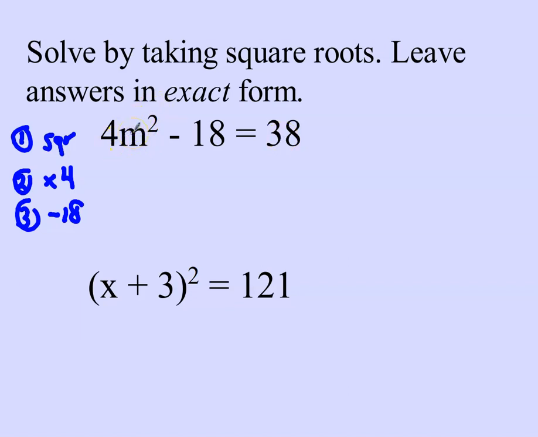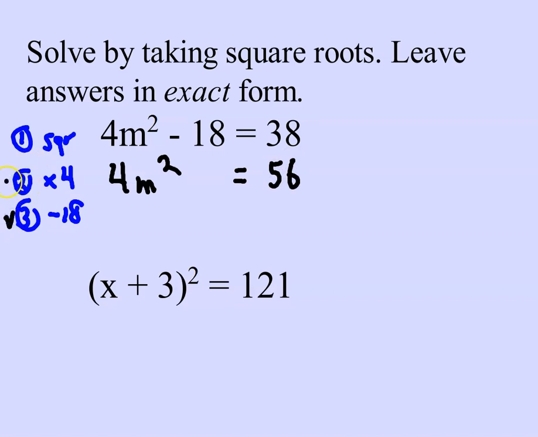So what we're going to do is undo each of these things in reverse order so we can get back to what m is. So how do you undo subtracting 18? You add 18. So we'll get 4m squared equals, let's see, 56. Okay. Now, we've undone subtracting 18.